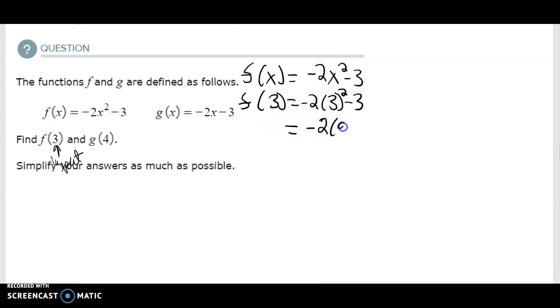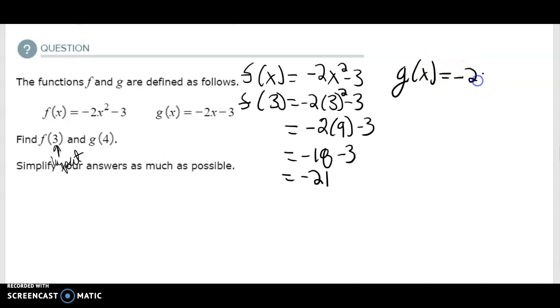I'm just doing order of operations, so I do my exponents. So that's saying I'm inputting 3. The g of 4 is asking me to start with the g function, and it's asking me to input a 4.